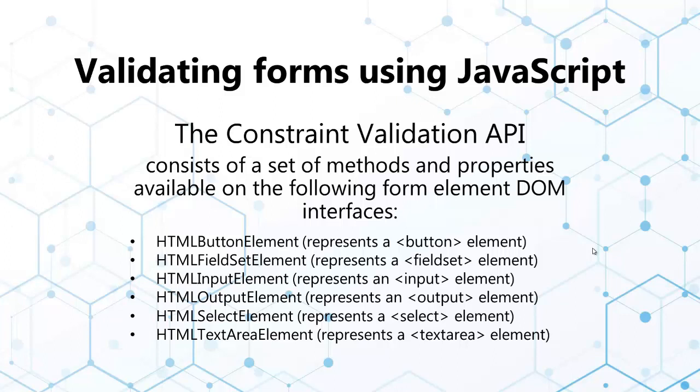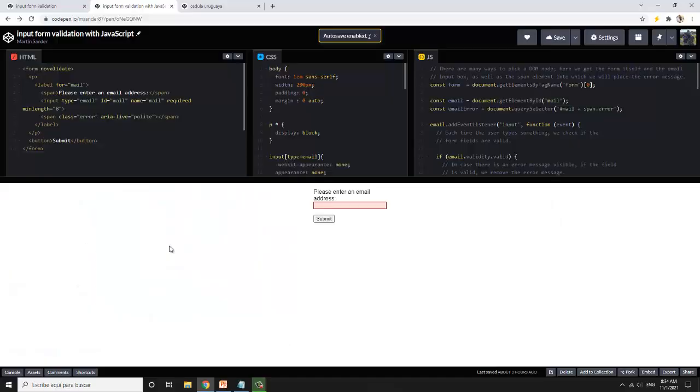So we can apply these methods and properties to all the elements of the form. I'm not going to show all the methods and properties because it is a huge list, and I prefer to show an example. This is a good example of using JavaScript with the API.